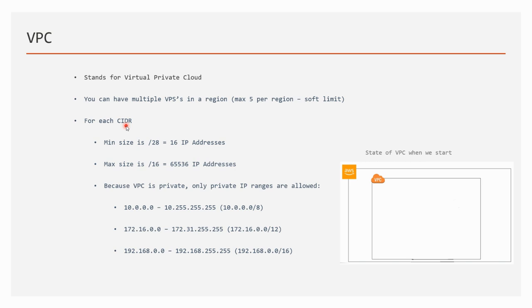These private domains have to communicate with each other. Not only that, they may have to communicate with the outside world. They need to be able to access the internet. So for these reasons, we use CIDR.